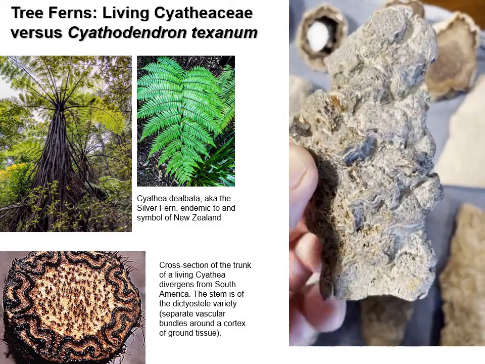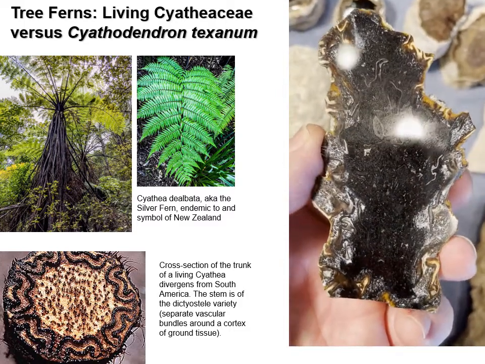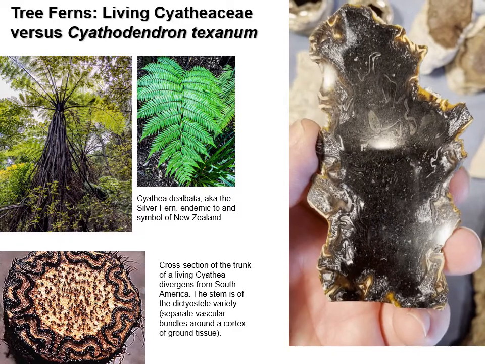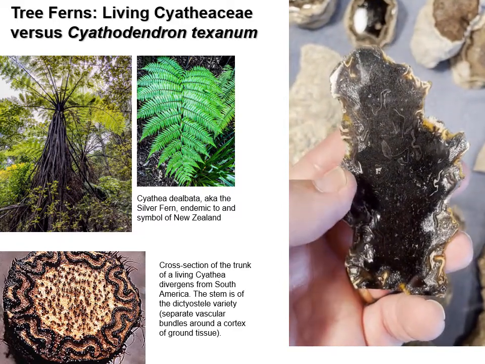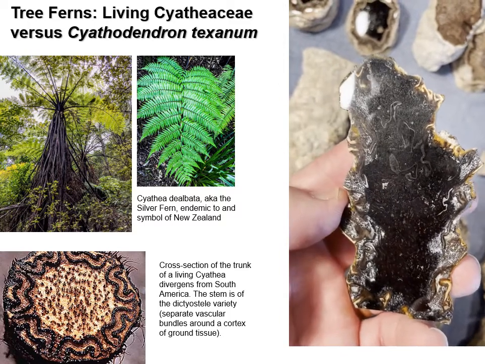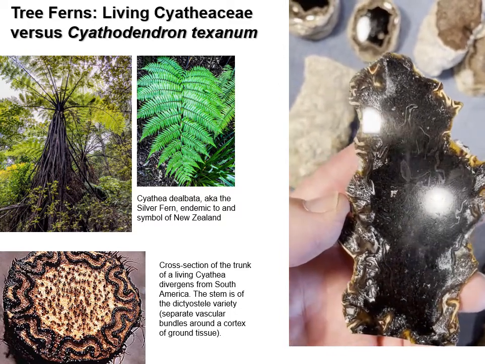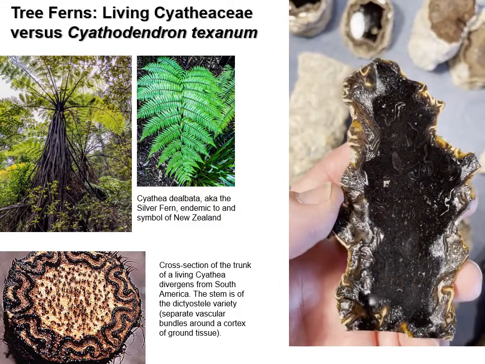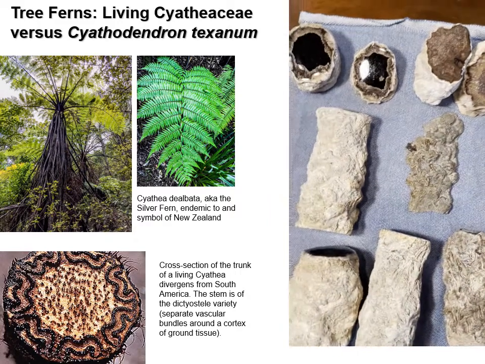That's very interesting. And then I sliced this in half and polished it, and you can see a lot of structure there. All of this structuring on the outside, that's all the cellular patterning of these ferns. And those are diagnostic features. That's how you can tell them.